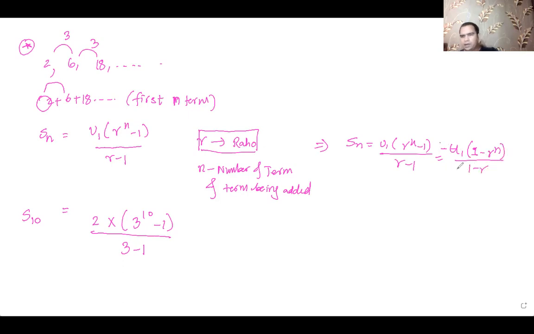And if I take minus common from the denominator as well, this minus and minus get cancelled. So you get u1 times 1 minus r to the power n over 1 minus r. So this is the formula for the geometric series, the sum of the first n terms. So you can use any of the formulas, like this one or this one. Both will give you the same correct answer at the end.